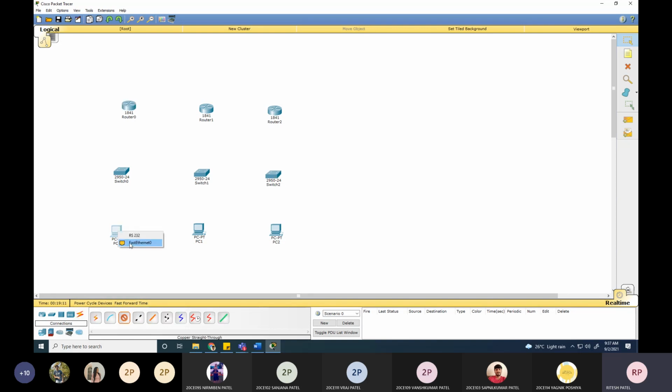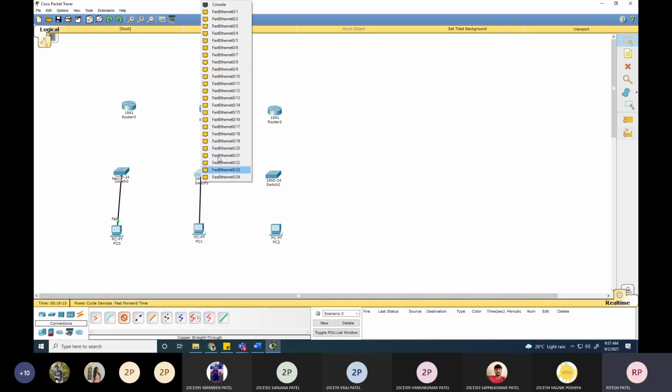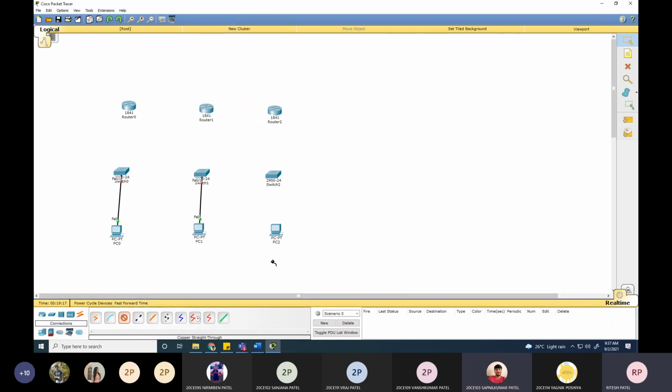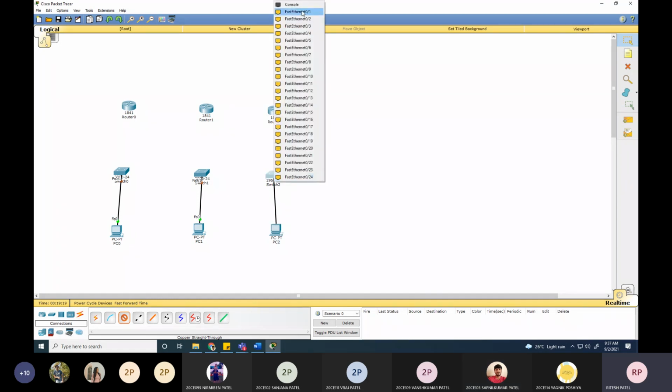In today's session, we will discuss dynamic routing protocol. Last time we discussed static routing protocol.